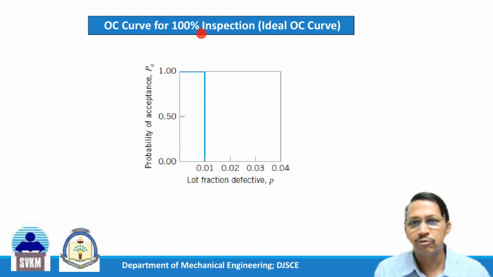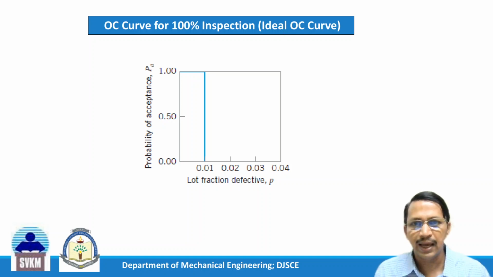Even though you do 100% inspection, there are chances that errors during inspection will creep into the method, and you will not get 100% correct inspection. Although you are physically doing 100% inspection, it will consist of some errors. There is a probability of some errors during the process because it is a probabilistic thing. So this is only the ideal thing.